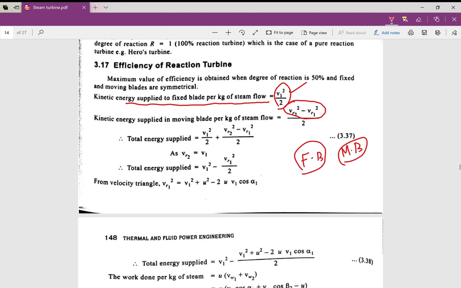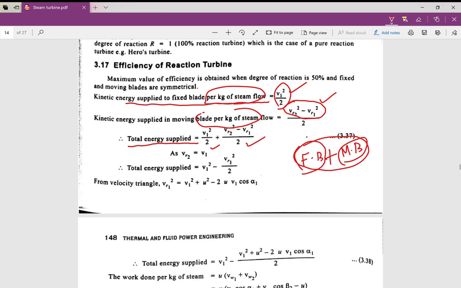So written Vr2 minus Vr1 upon 2 for a unit kg of steam flow. So we should add both kinetic energy supplied to fixed blade and moving blade. So that's why written here total energy supplied, summation of these two.